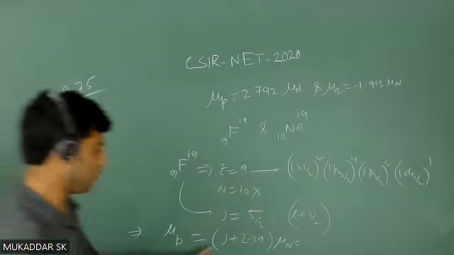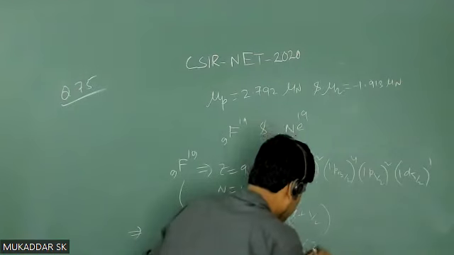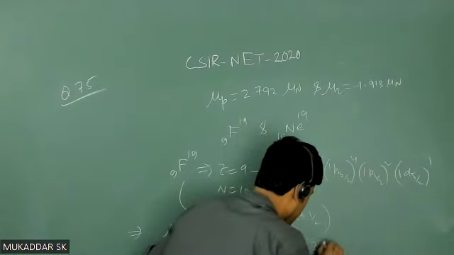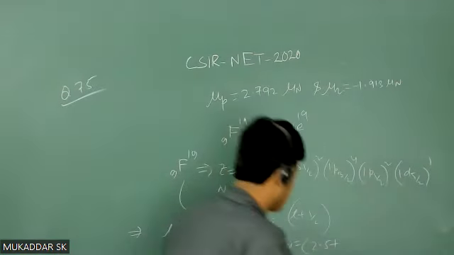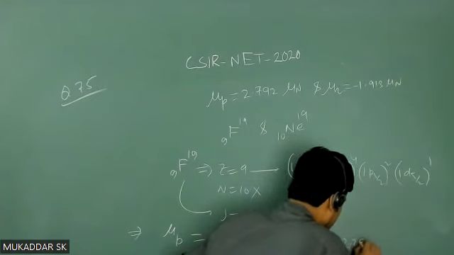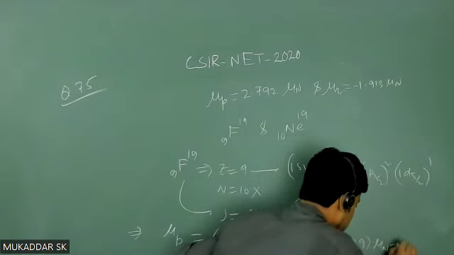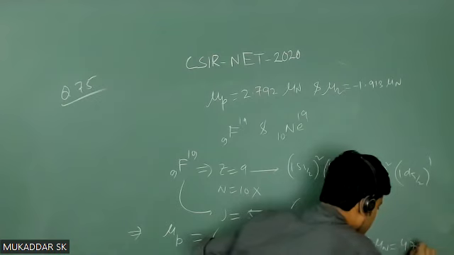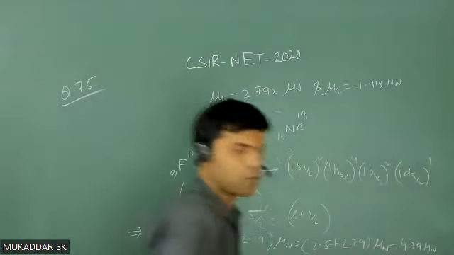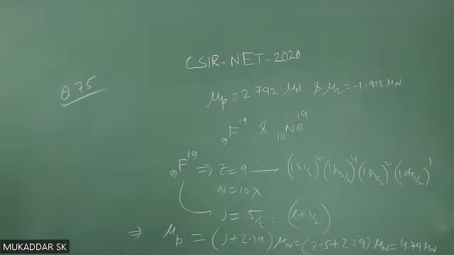Now if you substitute that value, J is nothing but 5/2, that means 2.5 plus 2.29 mu n. So that will be 4.79 mu n.